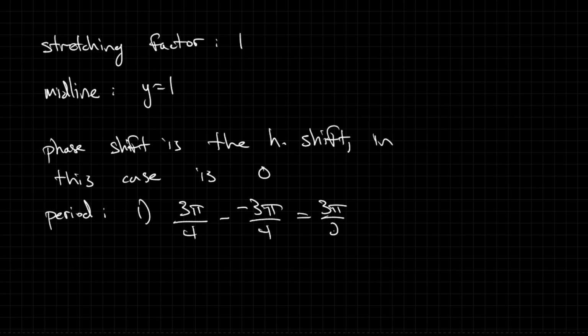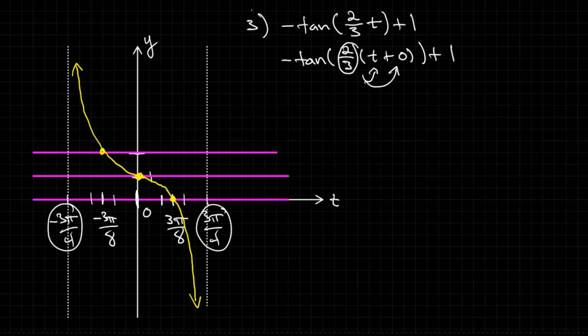There's a second way to compute this, much like the sine and cosine function, and that is you do the period of the parent and you divide that by whatever is multiplying the t. So in this case, that would be 2/3.